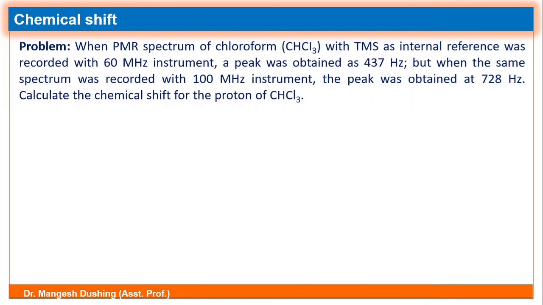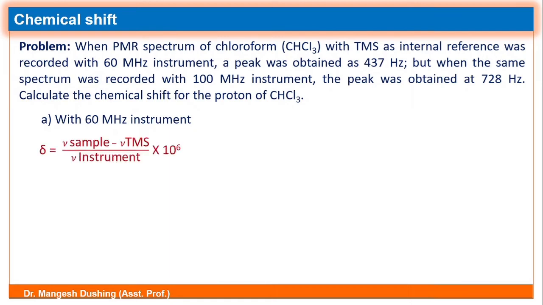Now we will calculate the chemical shift of chloroform if we are using a 60 MHz instrument. The formula for chemical shift is frequency of the sample minus frequency of the TMS, divided by frequency of the instrument, times 10 raised to 6.